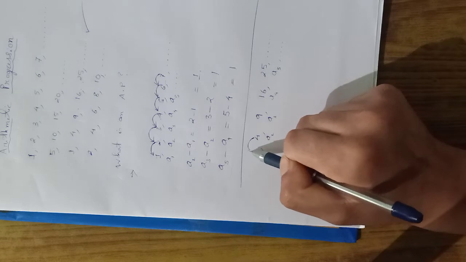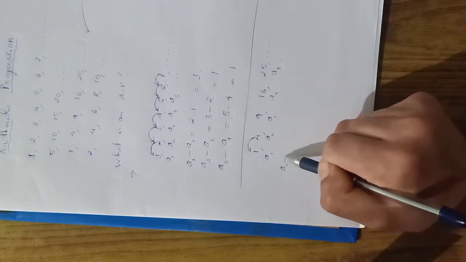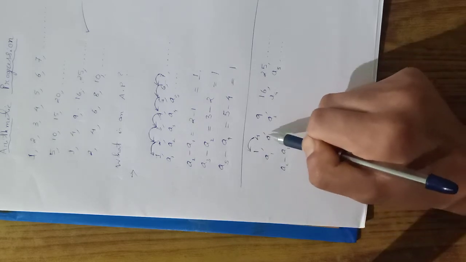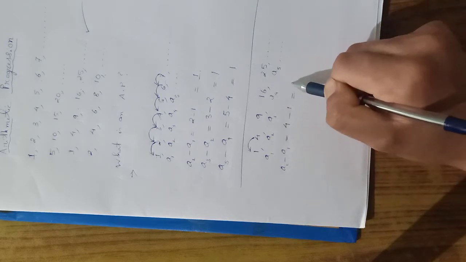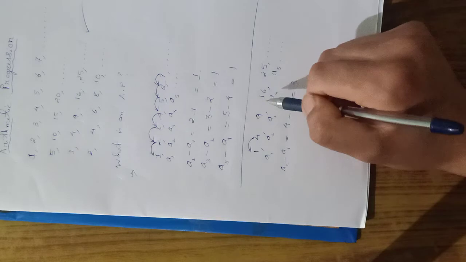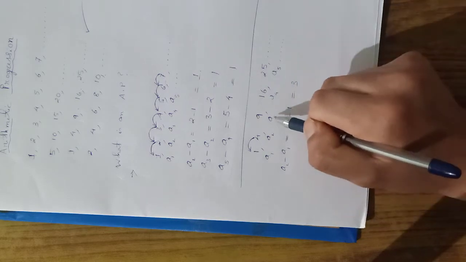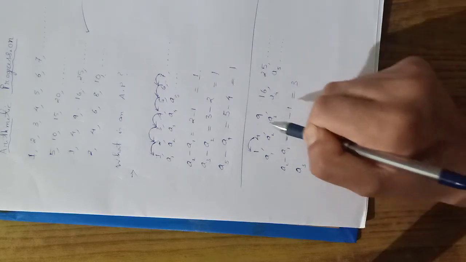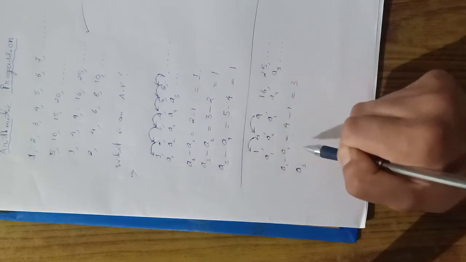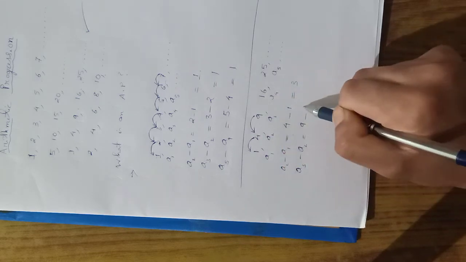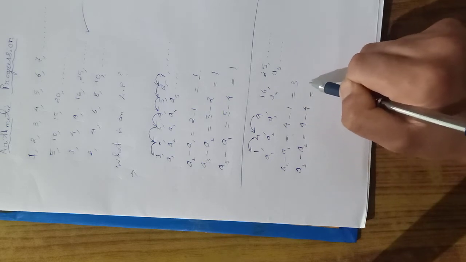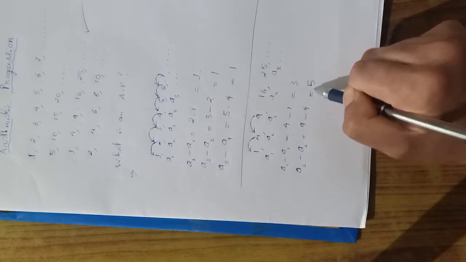Second term minus first term: second term 4 minus first term 1, which gives you 3 as the difference. Now let's see the difference between the third term and the second term. That is 9 minus 4, that is 5.